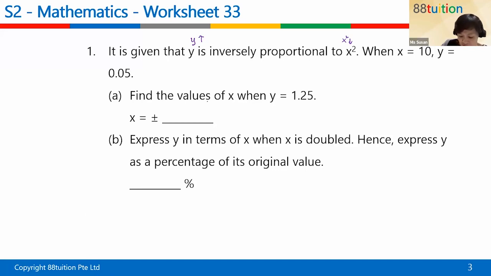So you are supposed to find the values of x when you have been given a value for y. That's fair, right? Because we have to create a generic equation based on what is given.